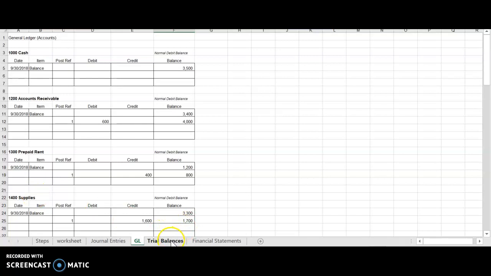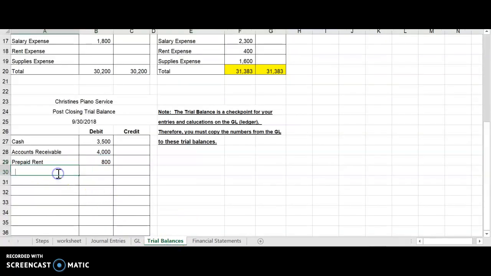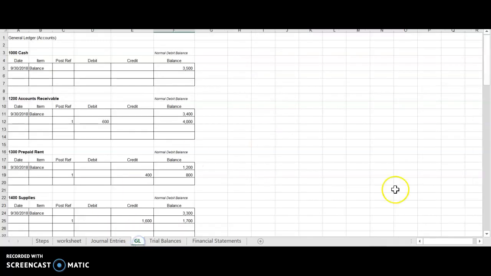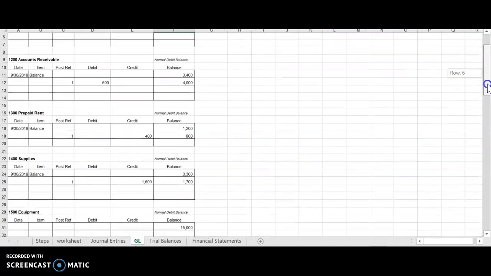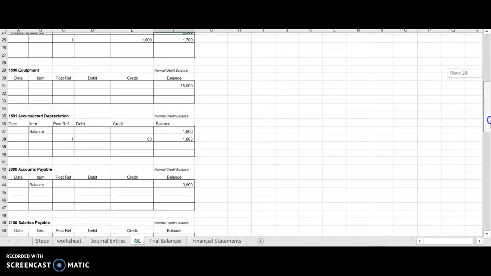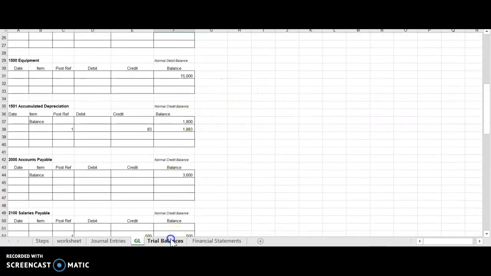Supplies, balance of $1,700. So we're just copying over the balances that we have. Equipment, $15,000.